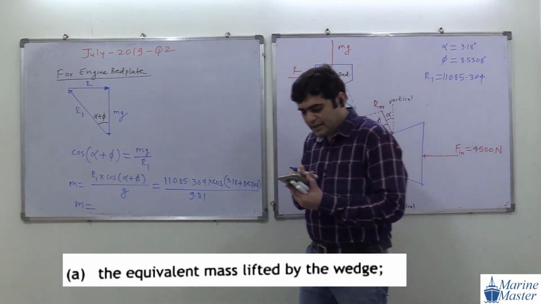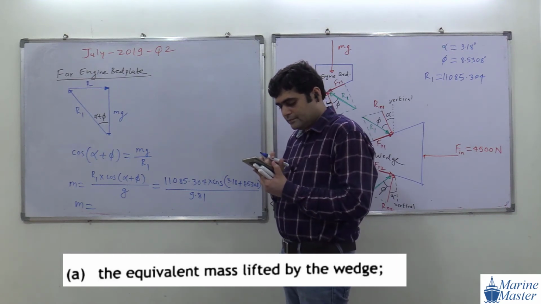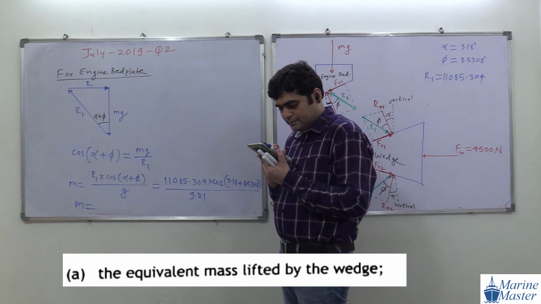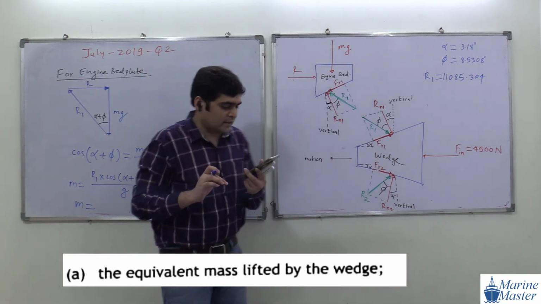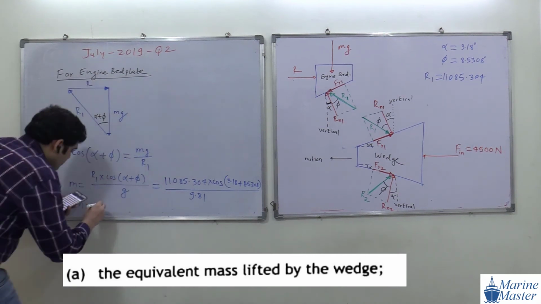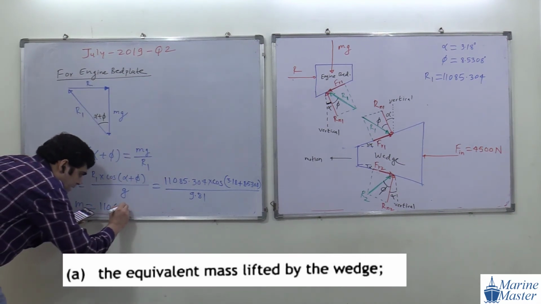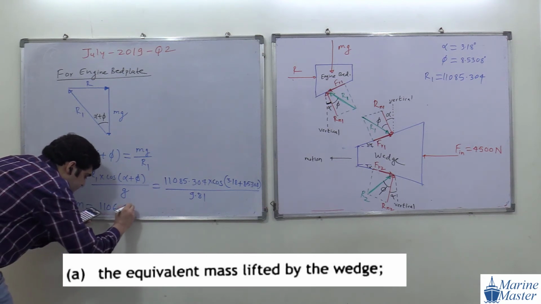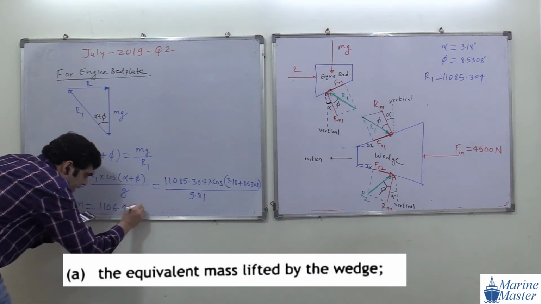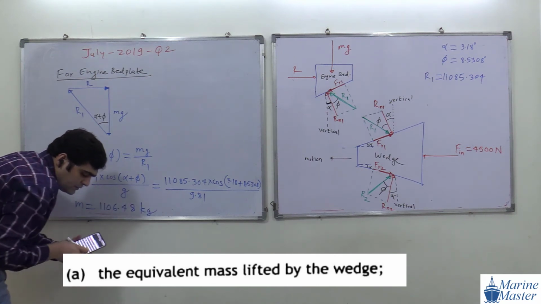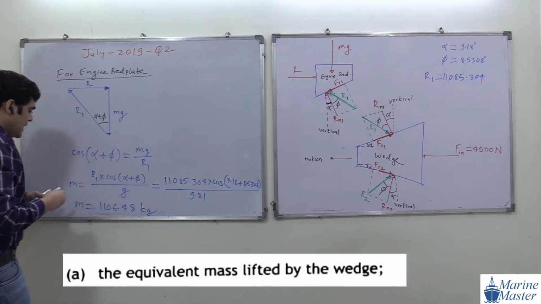So how much answer are we getting? 1106.4789. Can I take 48 kg? So we got the value, this is our part A answer.